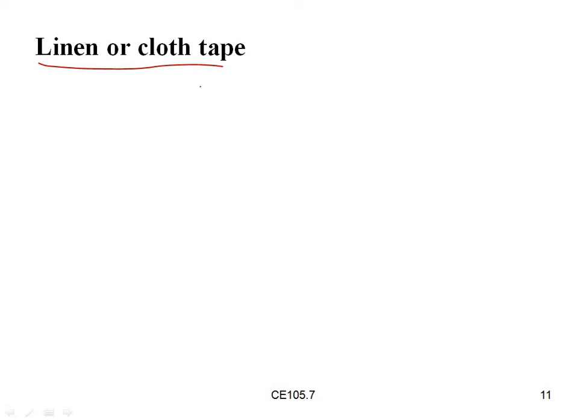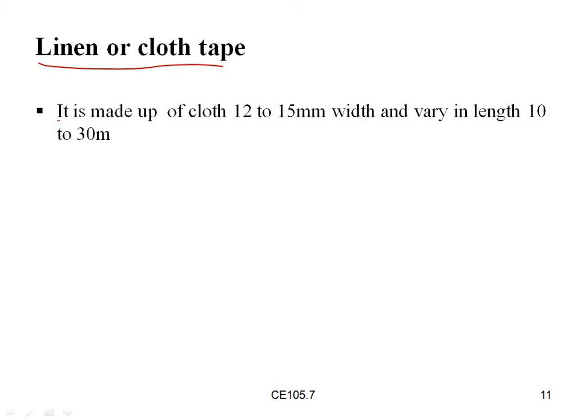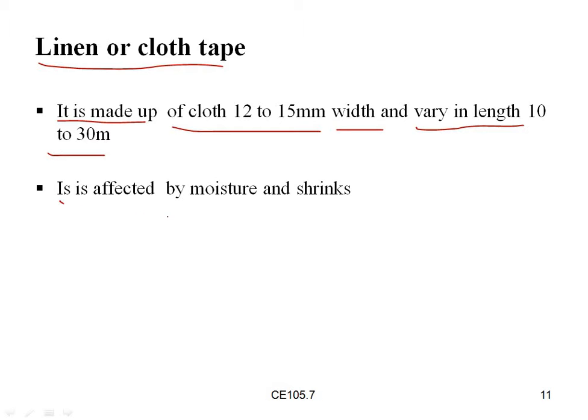Linen or cloth tape. It is made up of cloth, 12 to 15 mm width, and varies in length from 10 to 30 meters. It is affected by moisture and strings.